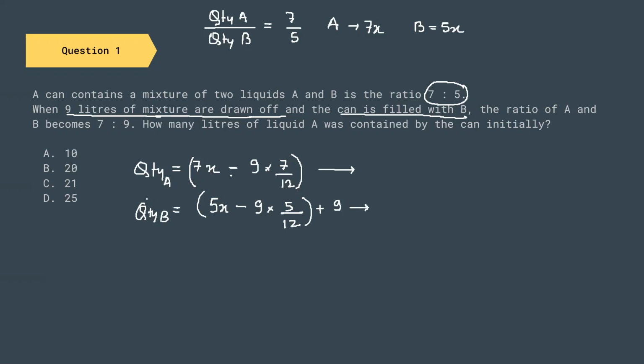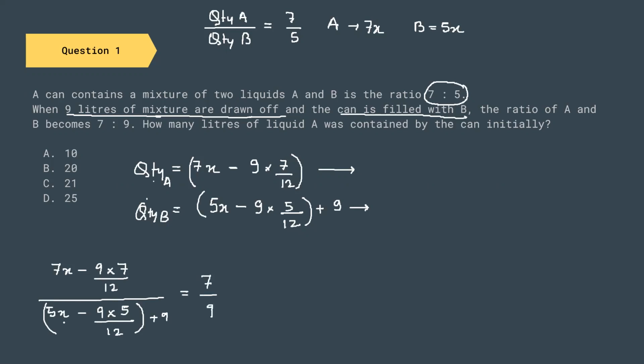And we know that the ratio between the final quantity of A and the final quantity of B is 7/9. So we can write this equation as 7x minus 9 into 7 by 12, divided by 5x minus 9 into 5 divided by 12 plus 9, and this is equal to 7/9.